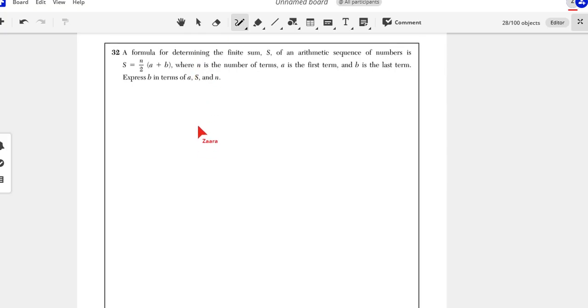Next. Question number 32. The formula for determining the finite sum S of an arithmetic sequence of numbers is S equal to N over 2 times A plus B, where N is the number of terms, A is the first term and B is the last term. Express B in terms of A, S, and N. So for this one, what I did was.